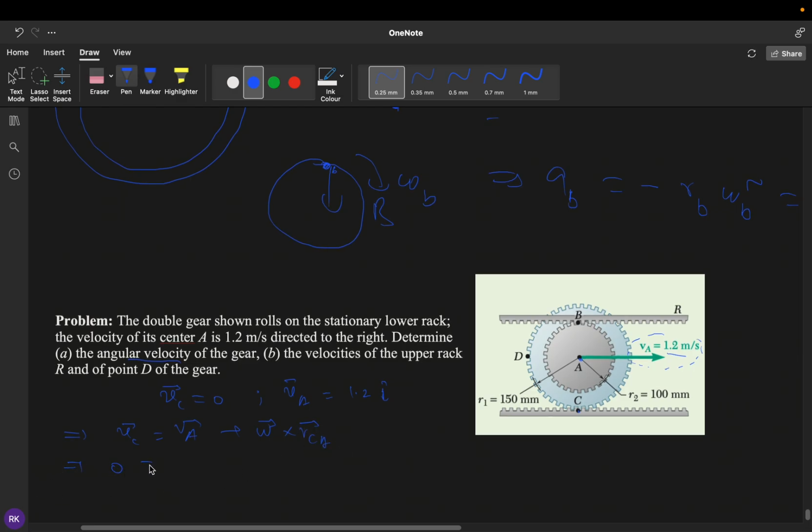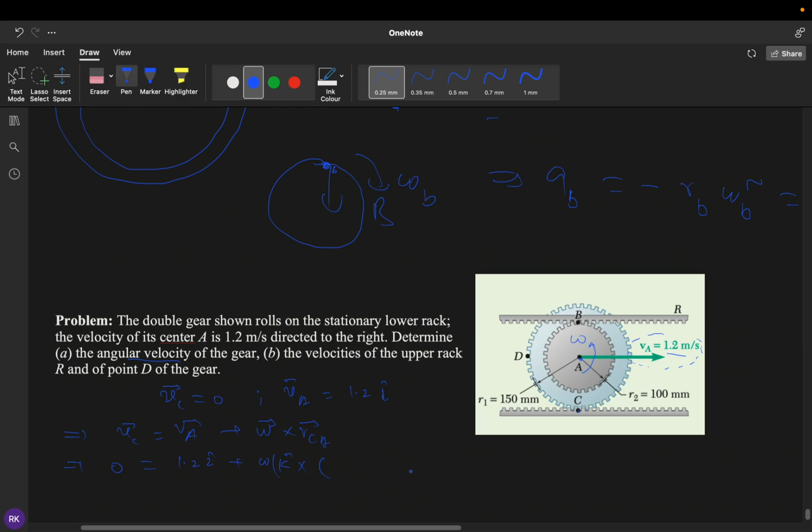VC is 0, VA is 1.2 I cap, and assume that it is rotating in this direction, negative, so that is omega k, into RCA.